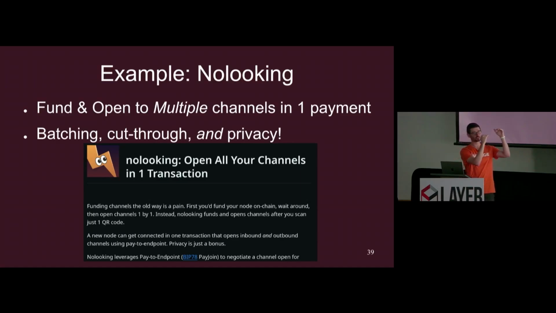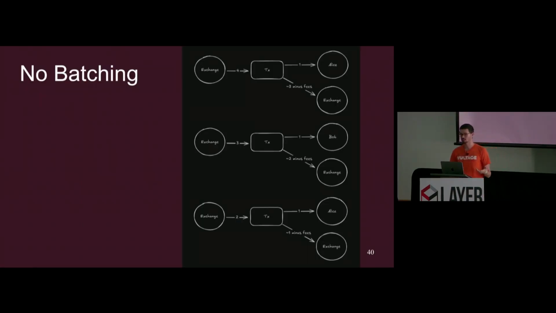If you knew the public keys of the nodes that you wanted to pay in advance, you could just queue them up, generate a QR code, scan it, and then it would fund and open all of those at once. So very cool. This is basically combining the ideas of batching, cut-through, and the ability to break the common input ownership heuristic to achieve privacy.